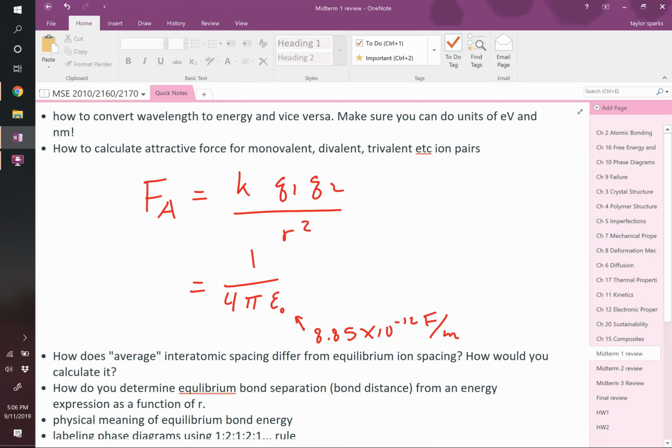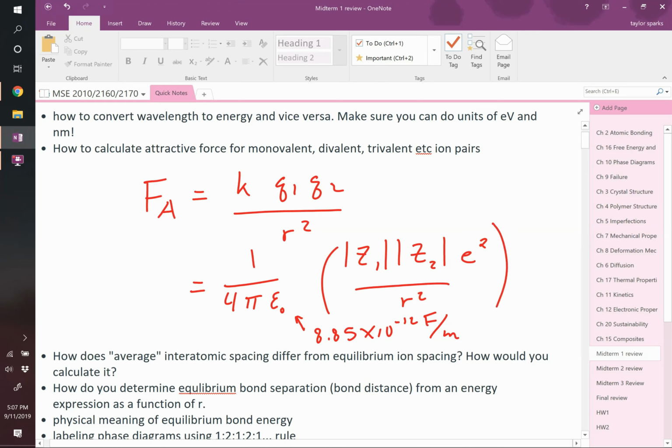And then instead of Q1 and Q2, because in physics you could be calculating whatever arbitrary charge you want, in this we're talking about ions, and ions come in units of integer electron charges. So all we do to modify this is make it the absolute value of Z1, the oxidation state of the first ion, times the absolute value of Z2, the oxidation state of the second ion, times the fundamental charge of an electron squared, divided by the separation distance squared.